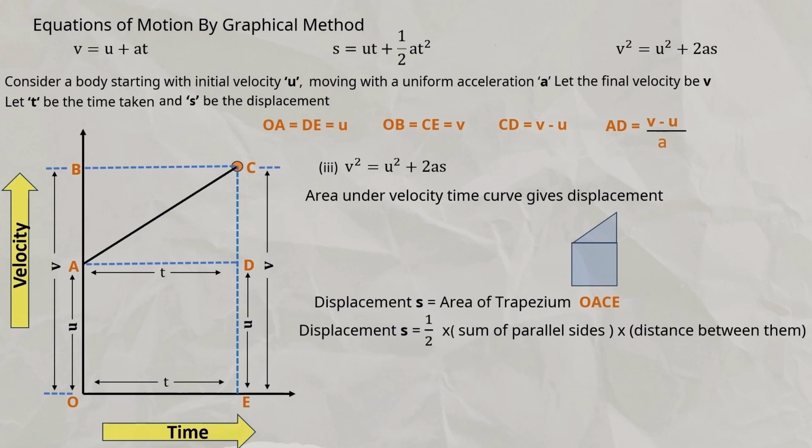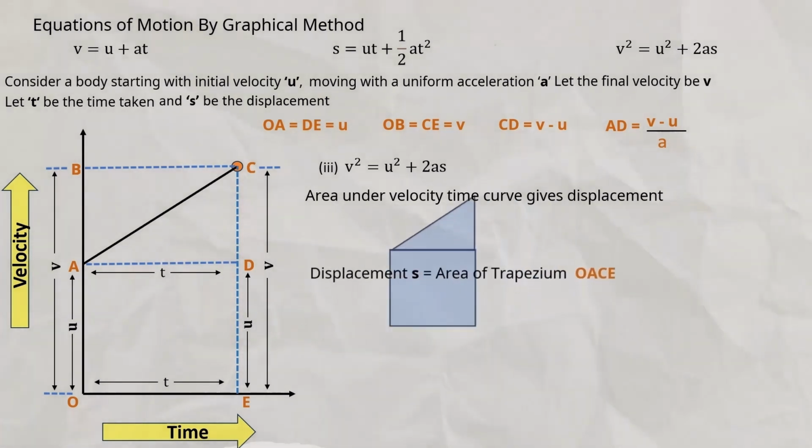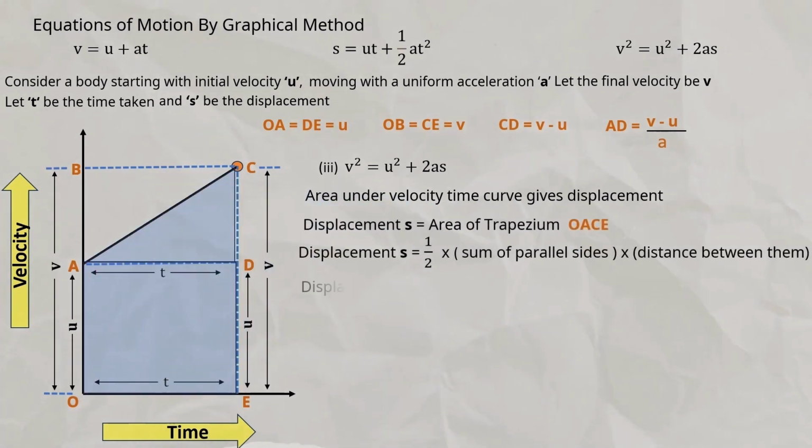Here, CE and OA are the parallel sides of the trapezium and AD is the distance between them. Therefore, I can write displacement S is equal to half, the first parallel side CE plus the second parallel side AO, and the distance between them is AD.